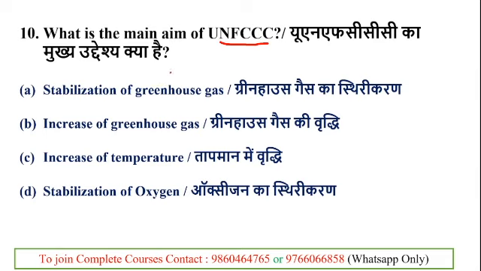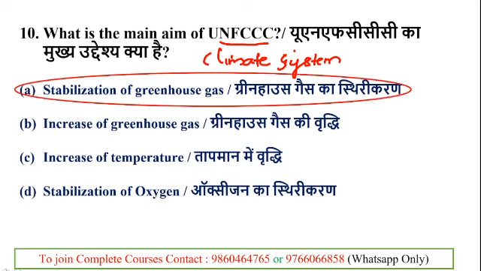That is established as an international environmental treaty to combat dangerous human interference with the climate system. So it is a part here to stabilize the greenhouse gas concentration in the atmosphere. So the stabilization of greenhouse gas is related with the UNFCCC. So the main aim of UNFCCC is to stabilize greenhouse gases.